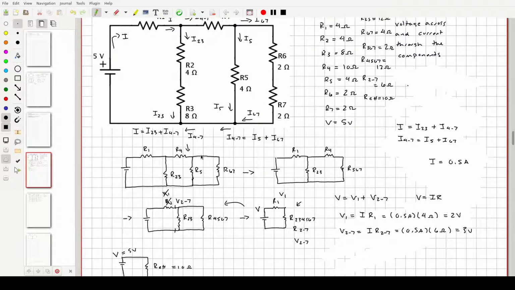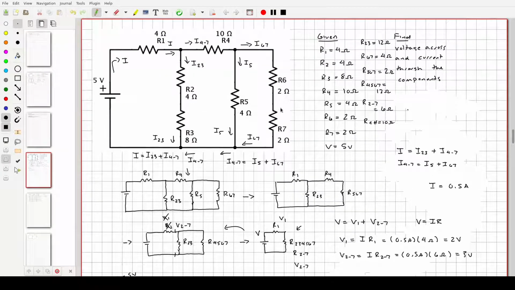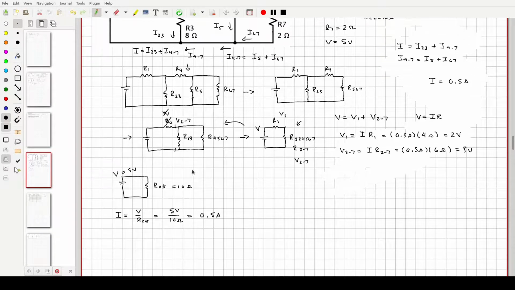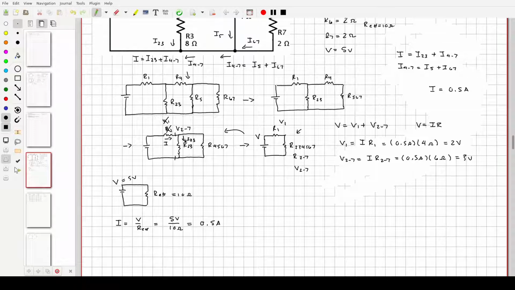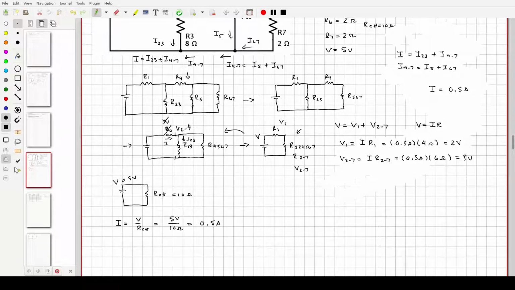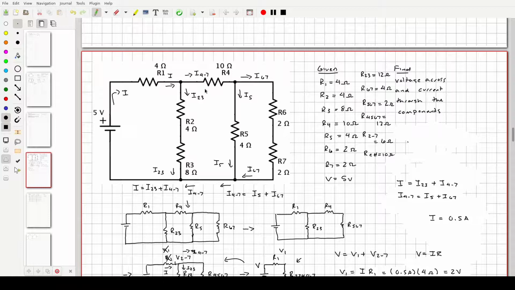So in this particular reduction of complexity, we have our current I going in, an I23 going this way, and an I4 through 7 going this way.